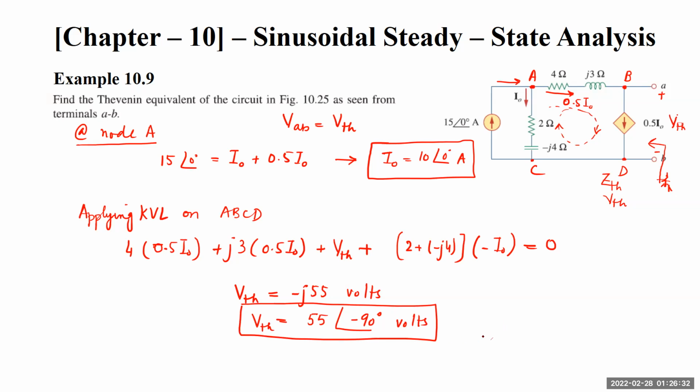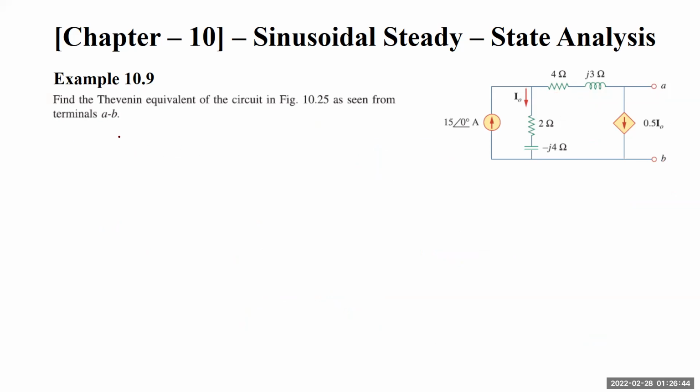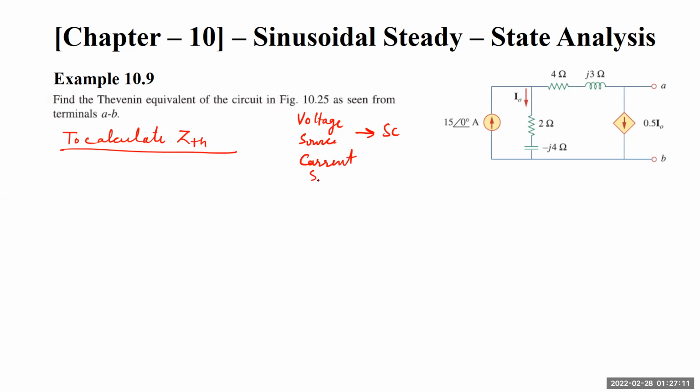Now we have to calculate Z Thevenin. For calculating Z Thevenin, we have to short the voltage sources, they become short circuits, and open the current sources, open circuit.